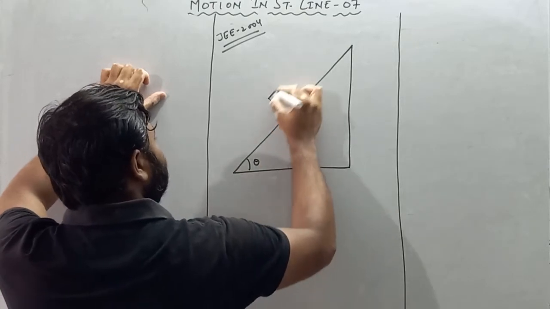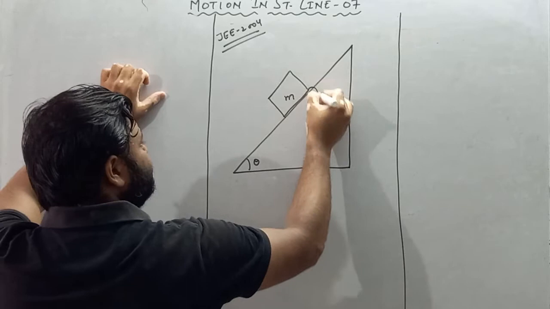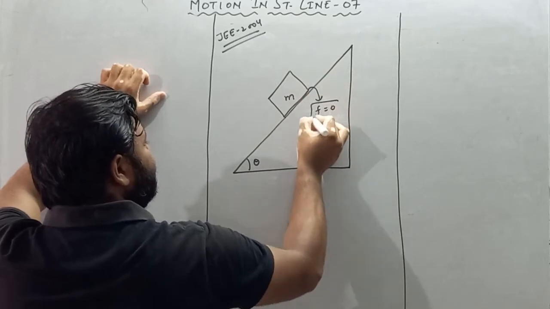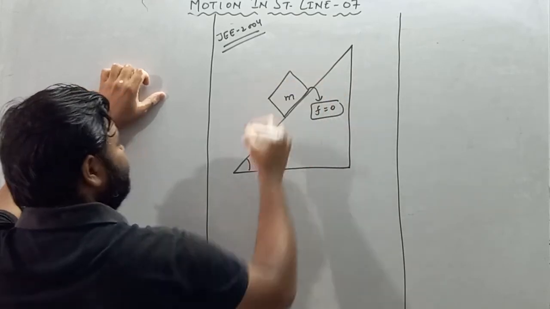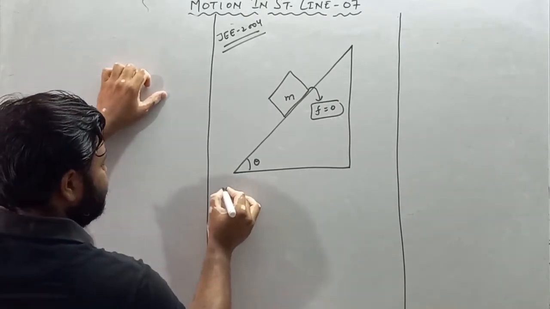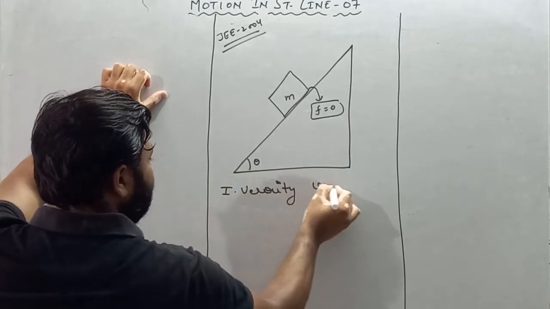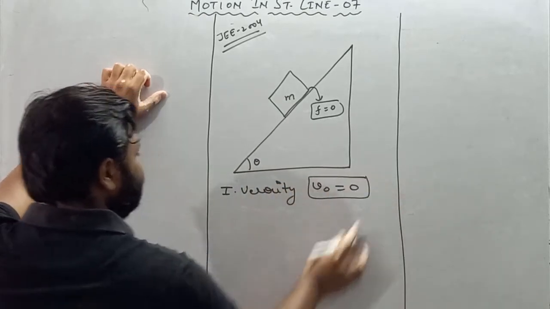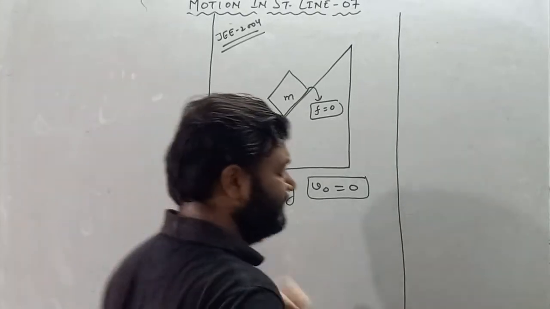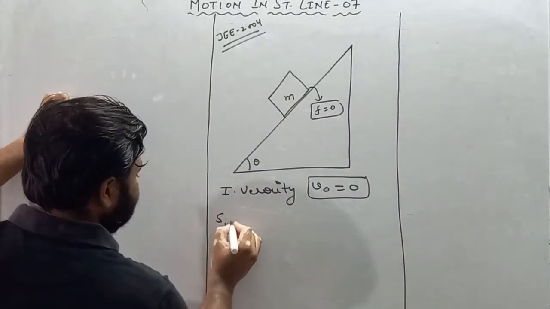We have a block which is sliding down. There is no friction present here, and the block starts from rest. So if the block is starting from rest, its initial velocity, that is v naught in the equation, must be equal to 0. V naught is nothing but your initial velocity.